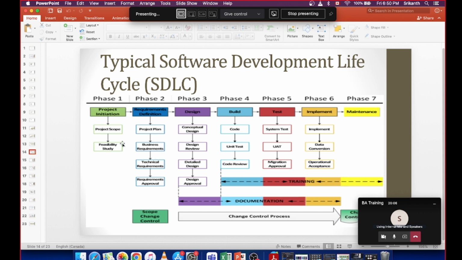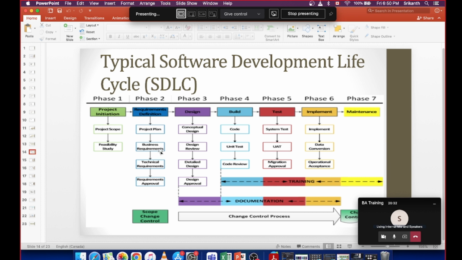And once it is defined and the project is on, then the second phase comes into the picture. This is where a BA has 90% of the responsibilities in phase 2: define the requirements, decide a project plan sitting with your project manager and other peers, then gather the business requirements.